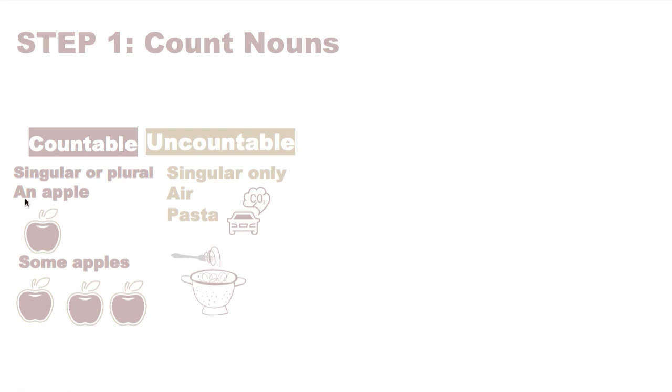Like here we have apples, for example. If you only have one apple, then you can speak of an apple. And the instance it's more than one, you speak of some apples. But remember, we're speaking in very general terms.